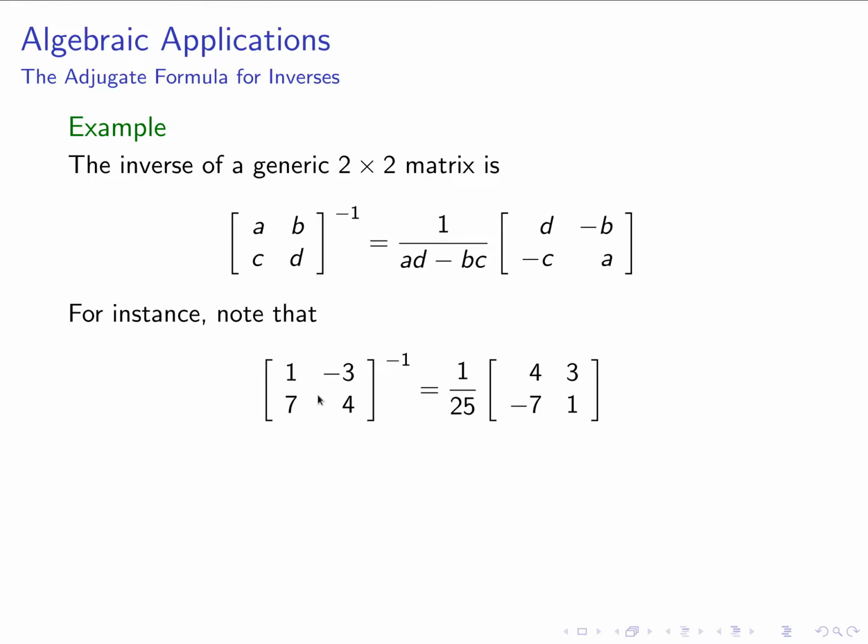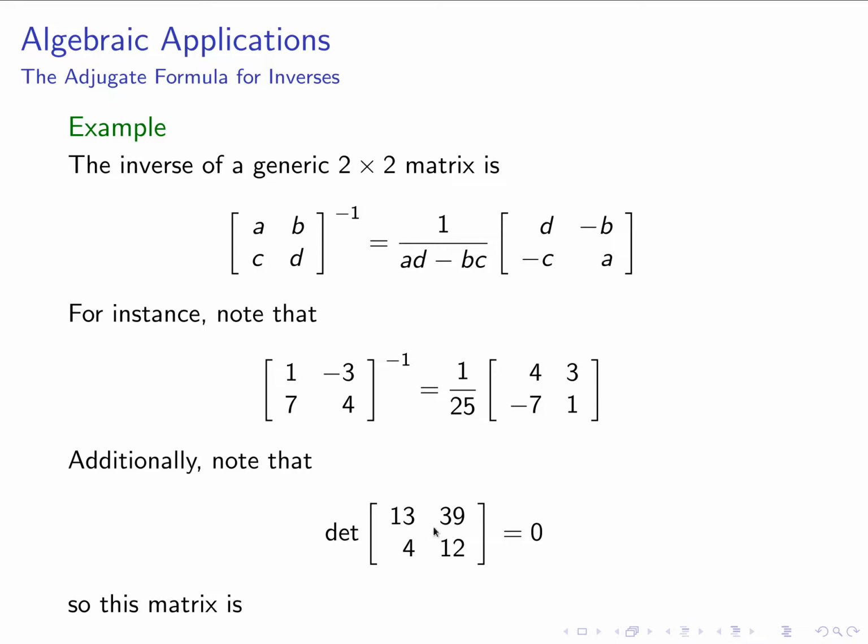And our formula for inverses says that the inverse of this matrix should be 1 divided by the determinant, so 1 over 25. Then we multiply by the adjugate, and for a 2 by 2, that's obtained by swapping the two diagonal entries. So 1 and 4 are switched here. And then we negate the other entries. Negative 3 becomes 3, and 7 becomes negative 7. So we can quickly invert our 2 by 2 matrix by taking advantage of this adjugate formula.